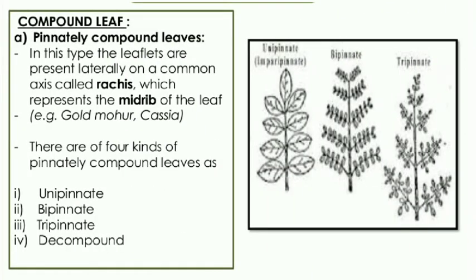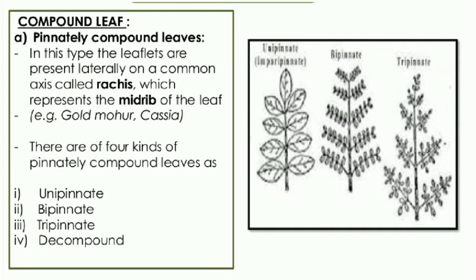In compound, we have two types: one is pinnately compound, the other is palmately compound. In a pinnately compound leaf, the leaflets are present laterally on a common axis, which is known as the rachis. Whatever we see here as the midrib portion is what is known as the midrib or rachis.